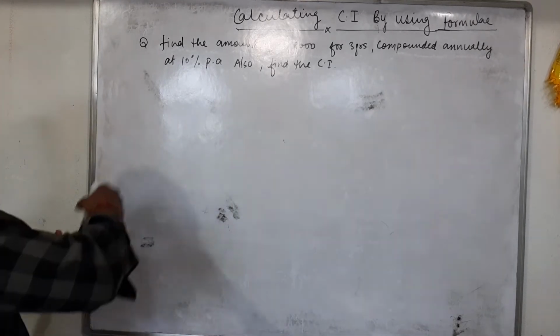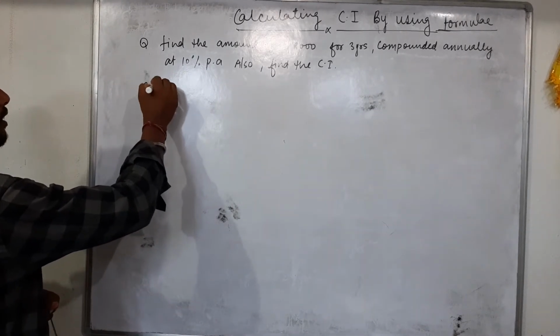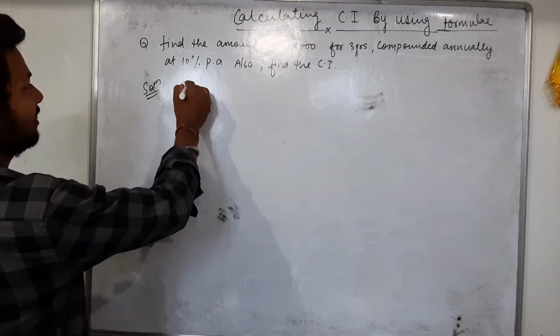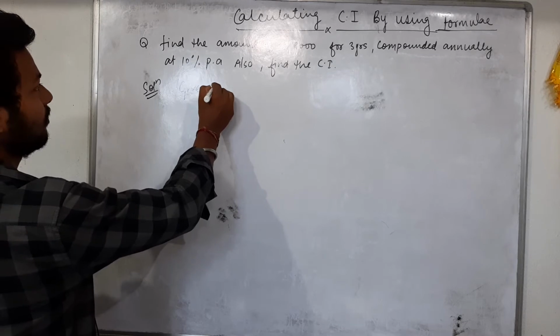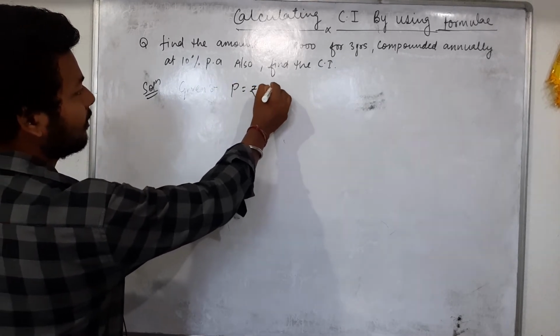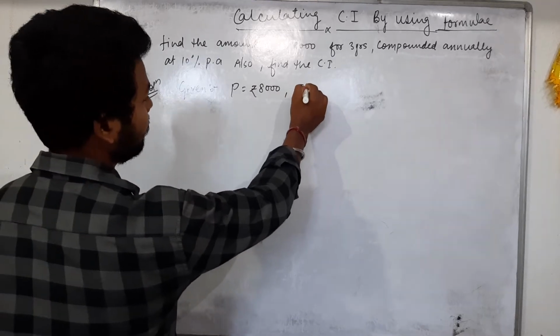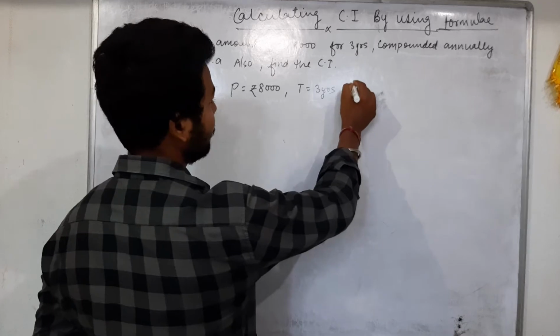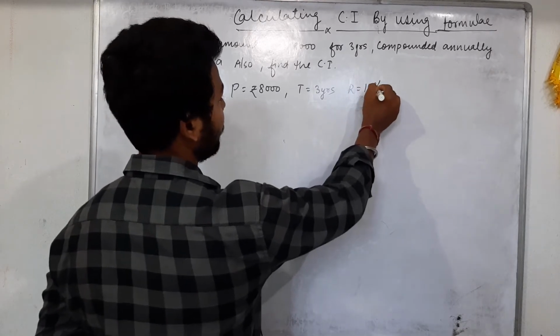So the solution for this question: first of all we will write the given values, that is P is equal to rupees 8,000, time is equal to 3 years, and the rate is given, that is 10% per annum.